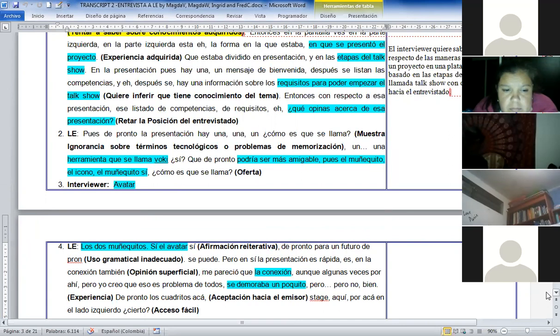So if the question of the research was what are the speaker's intentions in this conversation, I would have to write this type of codes.